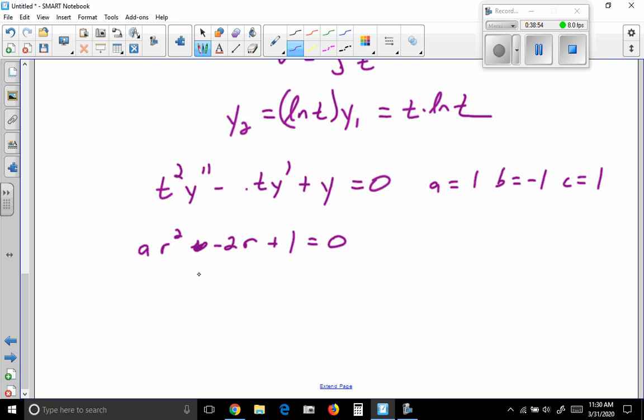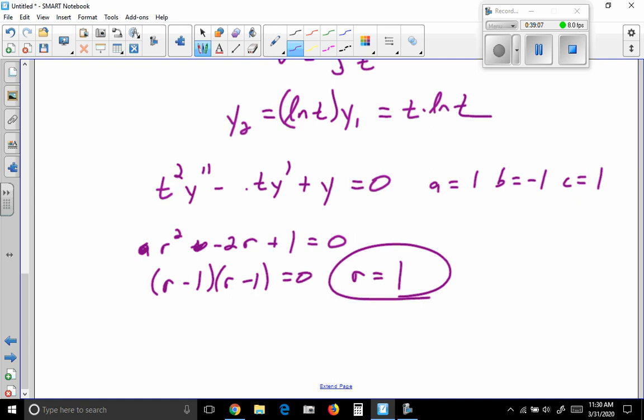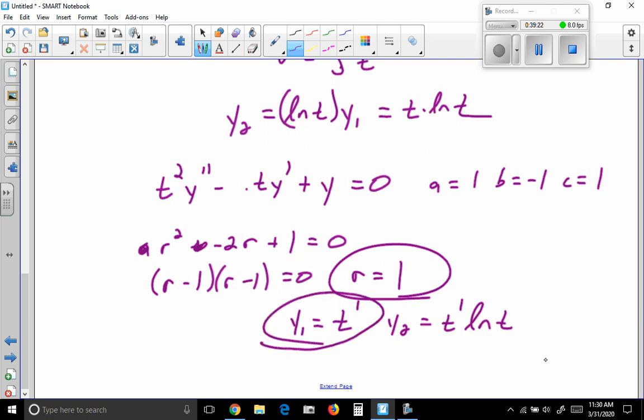If we factored that, remember a is 1, we'd have r minus 1 squared equals 0, so we would have gotten r equals 1 as a repeated root. So our y1 would have been t to the first power, our y2 would have been t to the first power natural log of t, which is exactly what we have. We have y1 being just t, y2 being t natural log t.